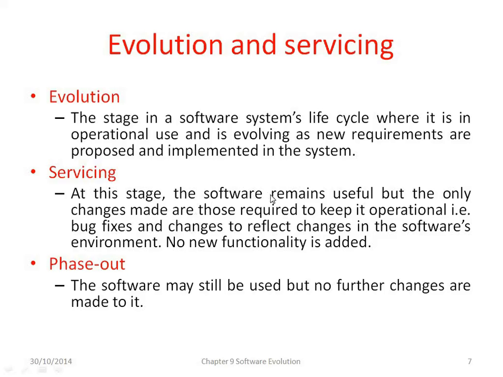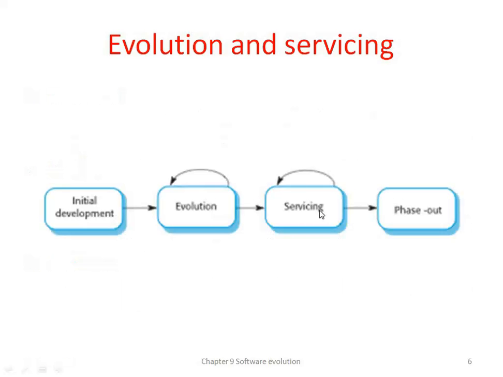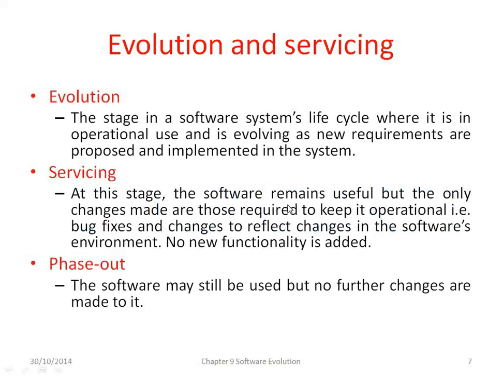In servicing, the software remains useful, but the only changes made are those required to keep it operational, that is bug fixes and changes to reflect changes in the software environment. No new functionality is added. In phase out, the software may still be used but no further changes are made to it.